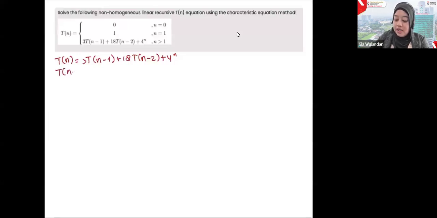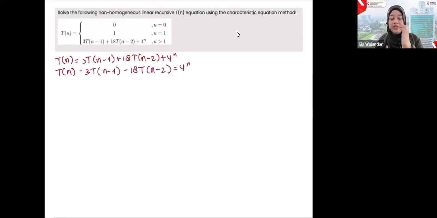So we can subtract both sides by 3Tn minus 1 and also 18Tn minus 2. So we will have it like this.